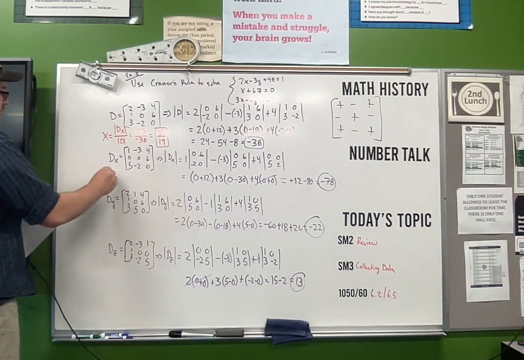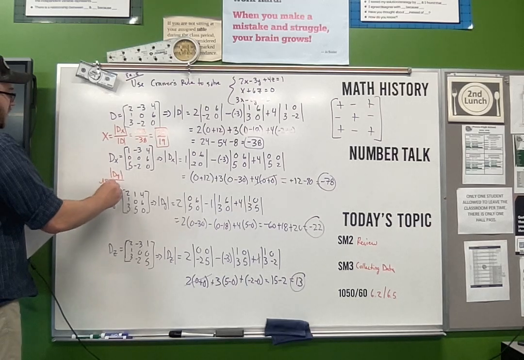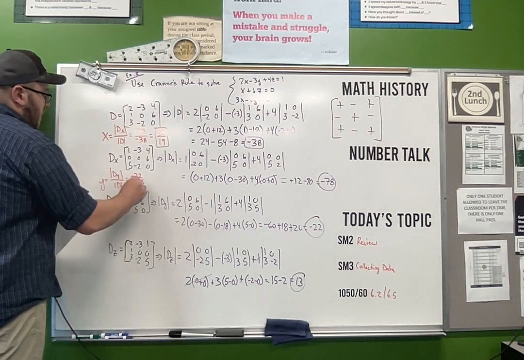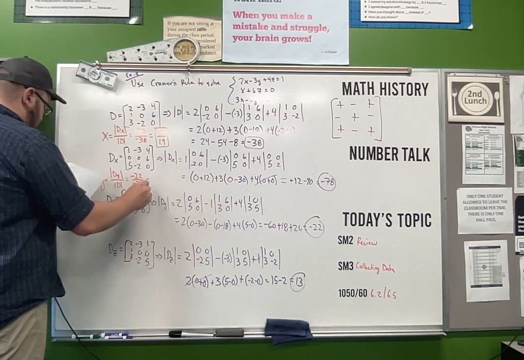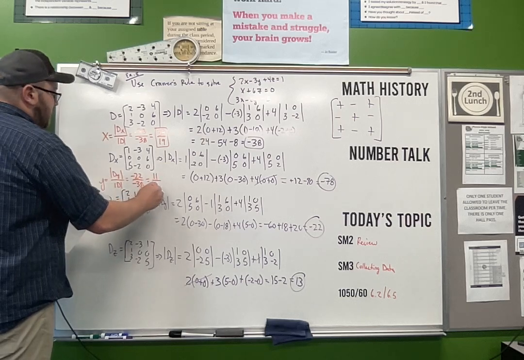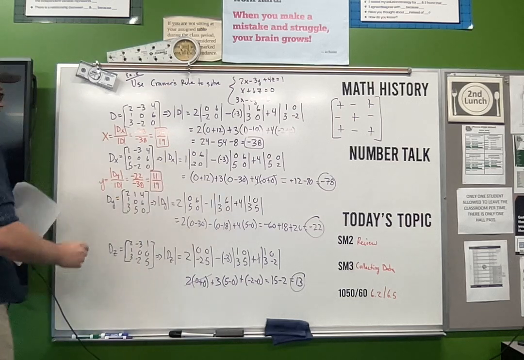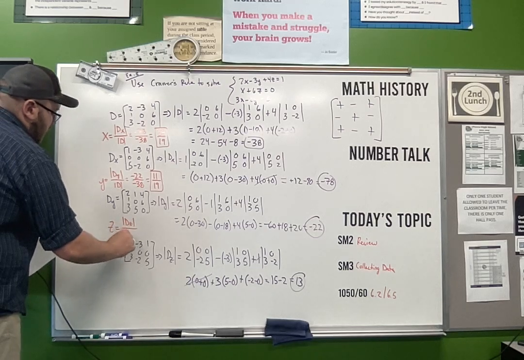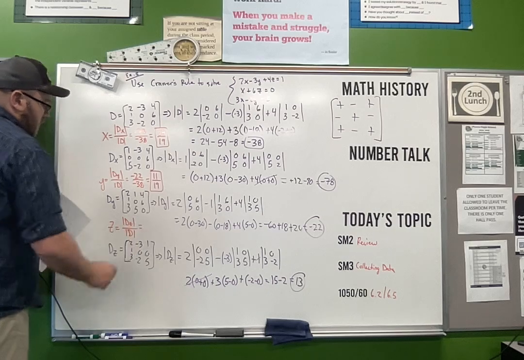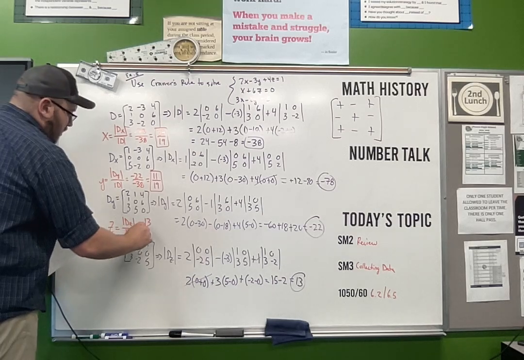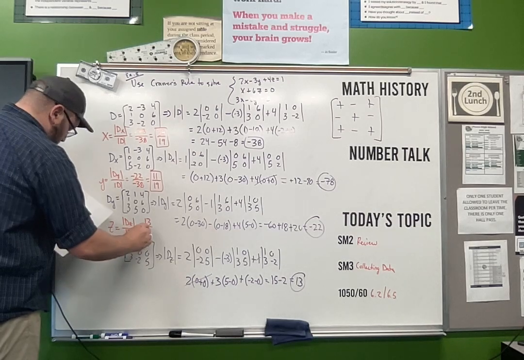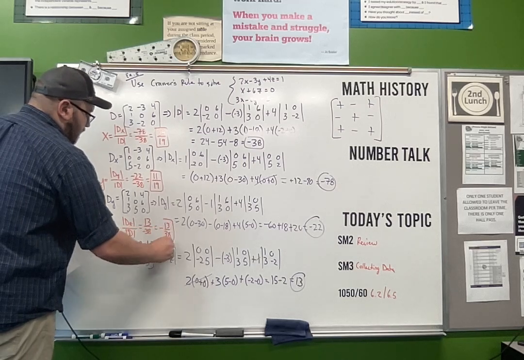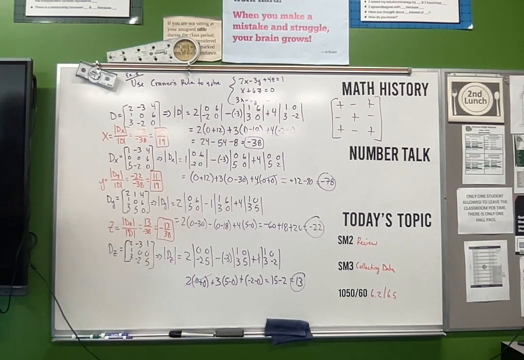Y equals determinant of D sub y over determinant of D, which is negative 22 over negative 38, which equals positive 11 over 19. And z equals determinant of D sub z over determinant of D, which is 13 over negative 38, which is just negative 13 over 38. And those are your solutions.